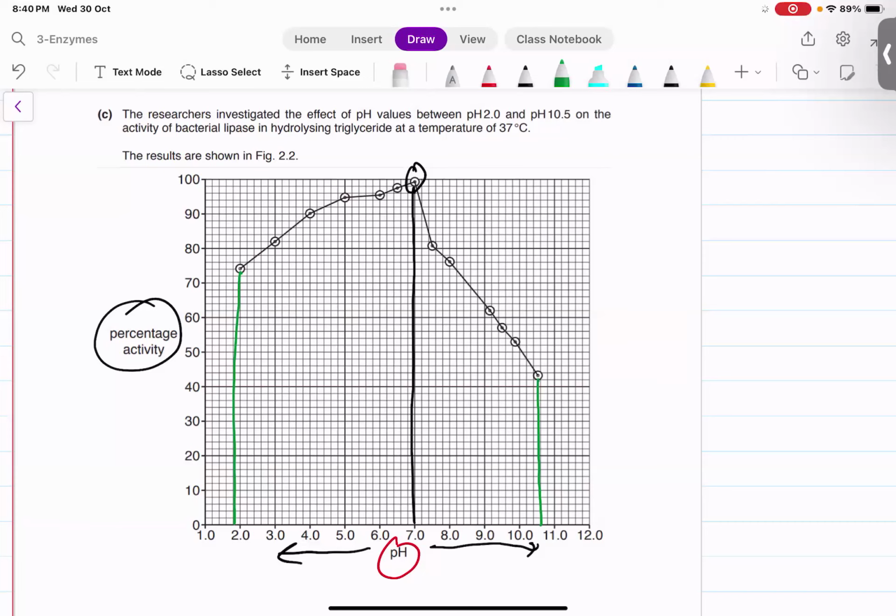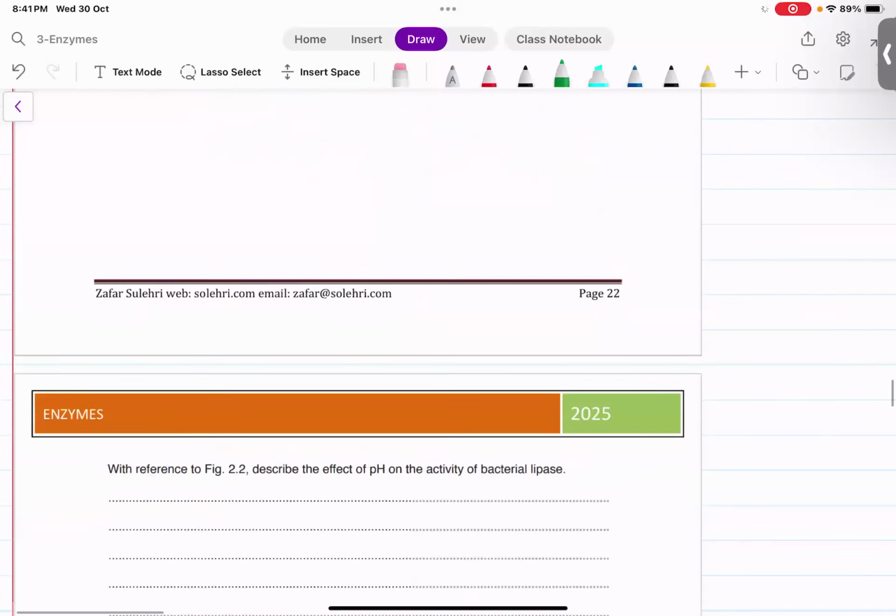You see at 7 it is highest, and then it is slowing down on both sides. When we increase the pH, there is a more percentage decrease in activity, and when there is a decrease in pH, there is less decrease in percentage activity. So these are some points that you may be asked to write in your answer.